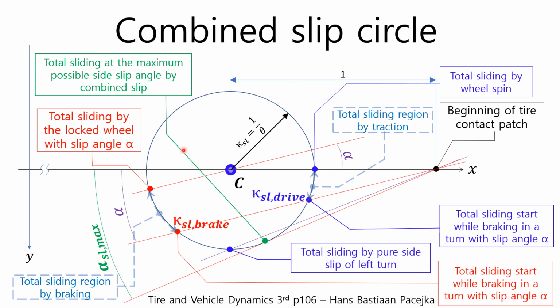Here we have a figure showing all the contents explained above at once. This figure shows all the characteristics represented by the combined slip circle at once.